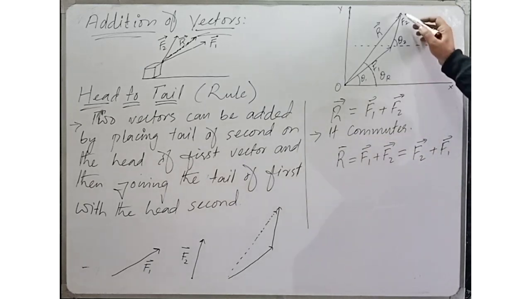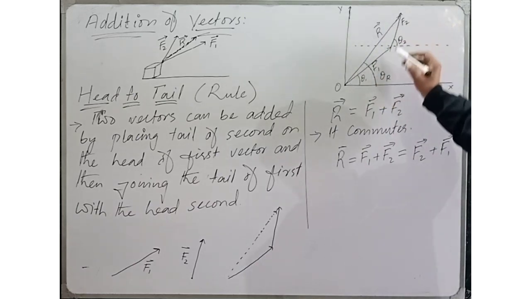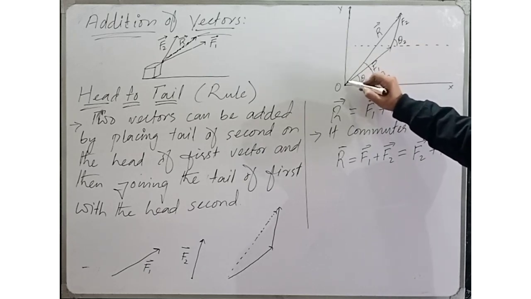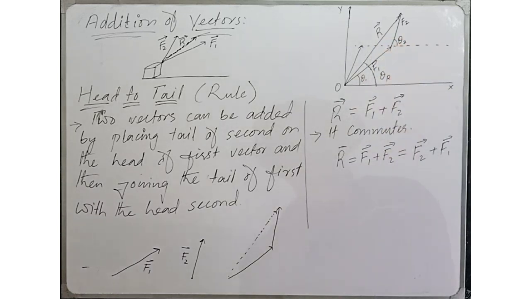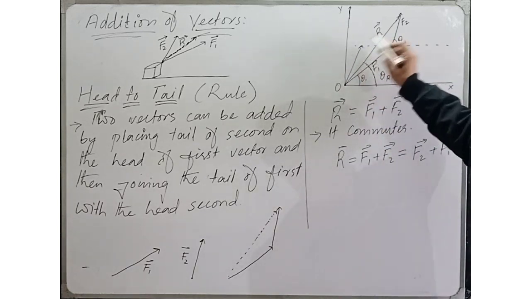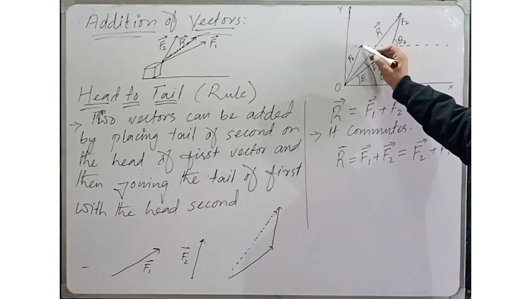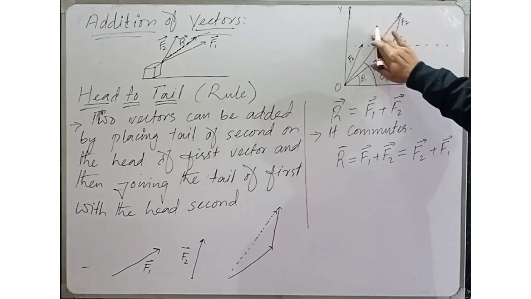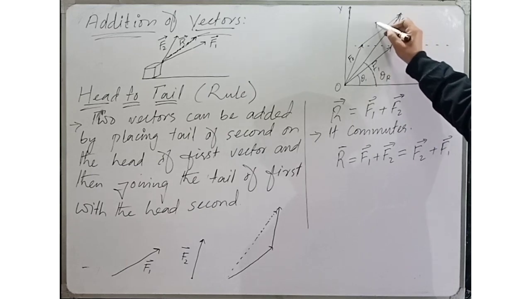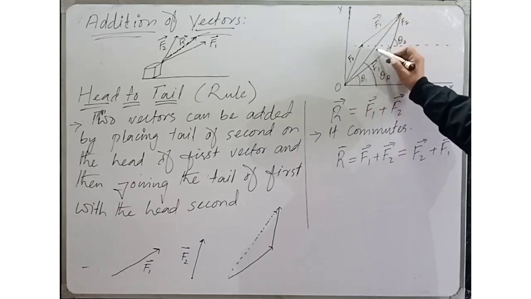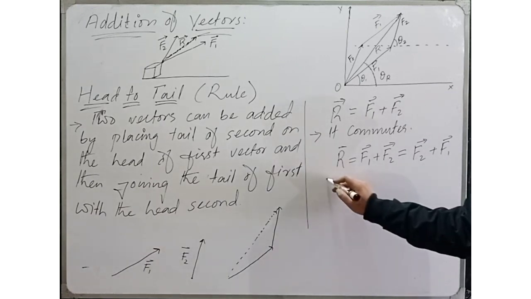If we draw F2 first, making an angle theta 2 with the x-axis, and then at the virtual x-axis we draw F1 with theta 1, again you can see we get the same resultant vector R. That's why vectors follow the commutative property.